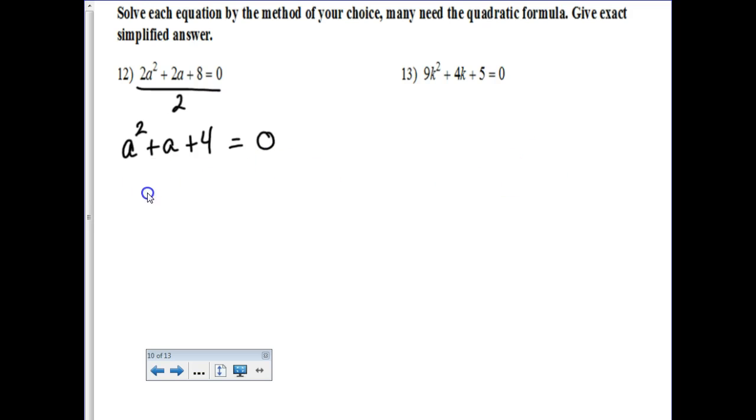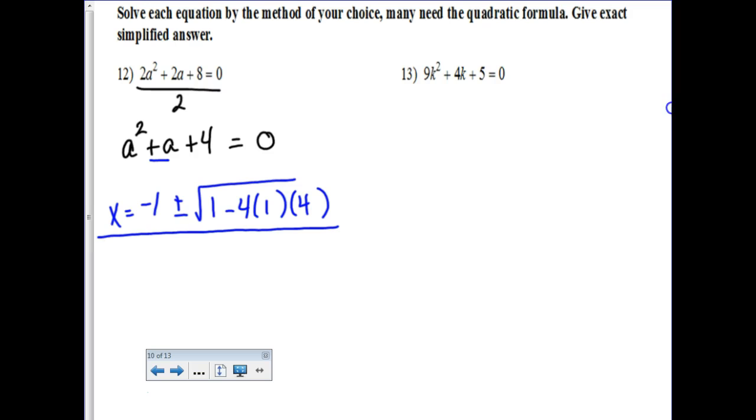All right, quadratic formula is opposite of b. So who would be the opposite of our b coefficient? I heard a negative one. Thank you. Plus and minus the square root of b squared. I'm just going to write down a 1 instead of writing 1 squared. Minus 4 times a times c.